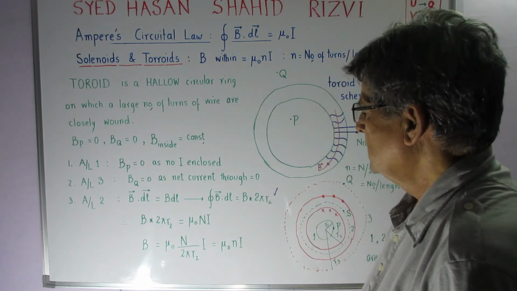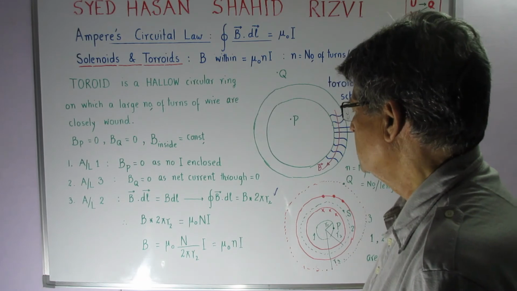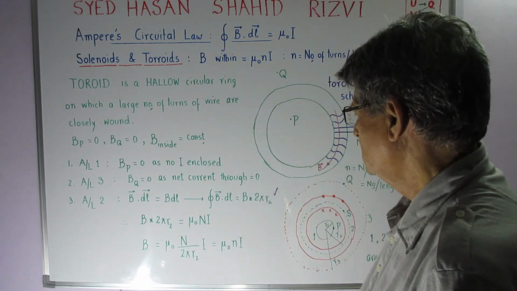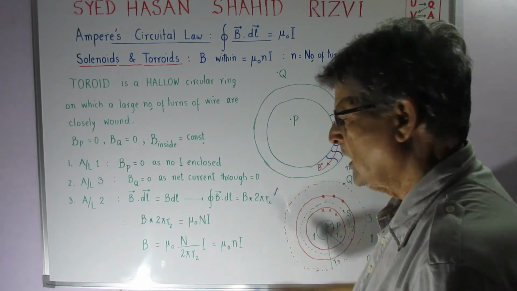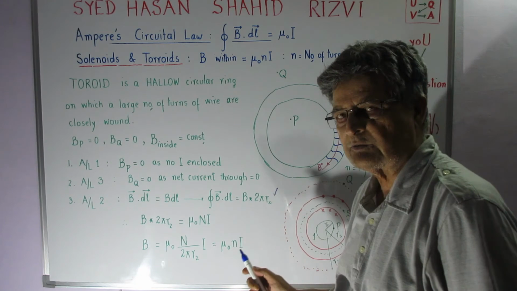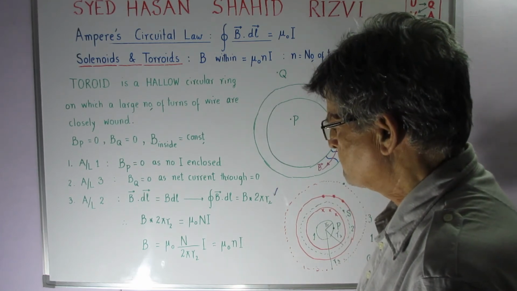So the contour integral of B·dl about this contour is B into 2πR2, because this is the circumference of Amperian loop number 2.